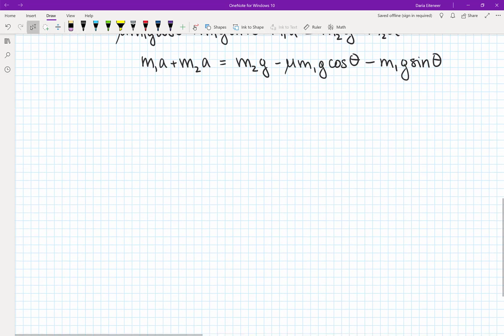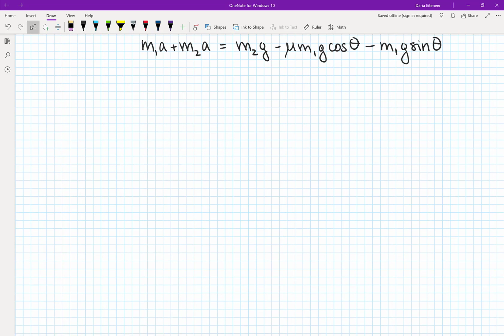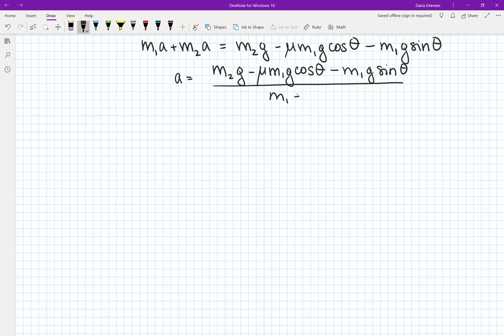Okay. So I'm going to write the final result here. a equals m2g minus mu m1g cosine theta minus m1g sine theta, all over m1 plus m2.